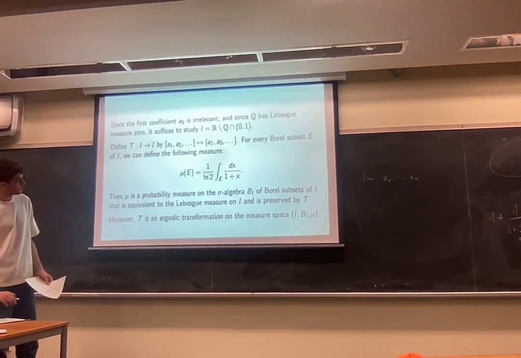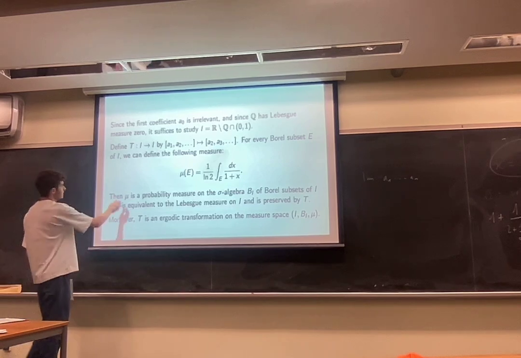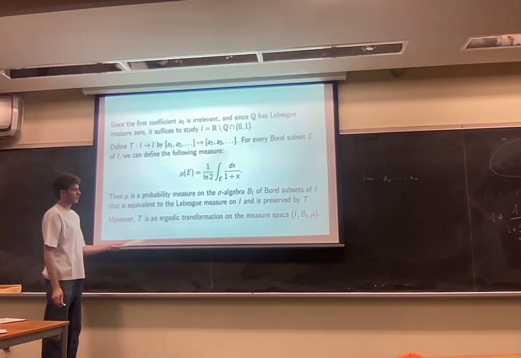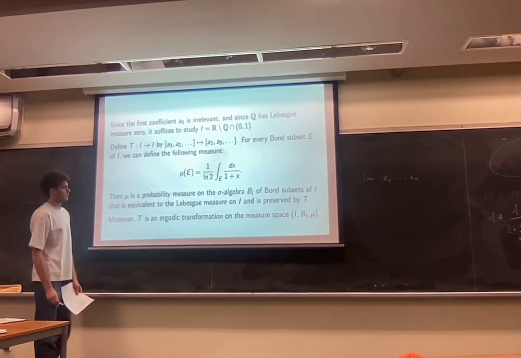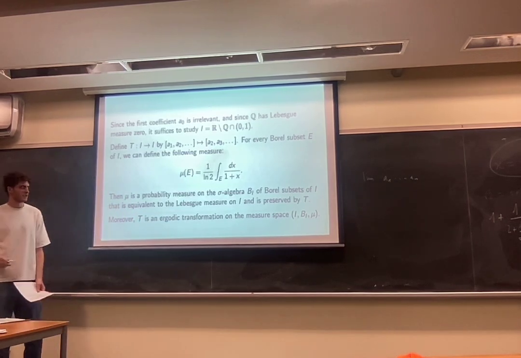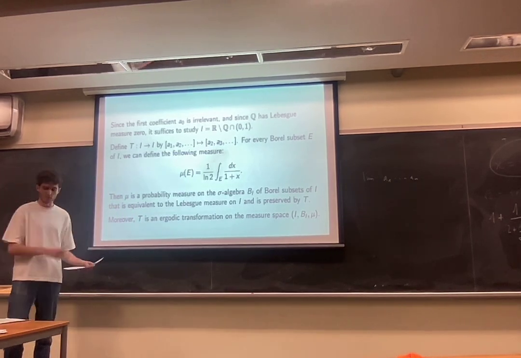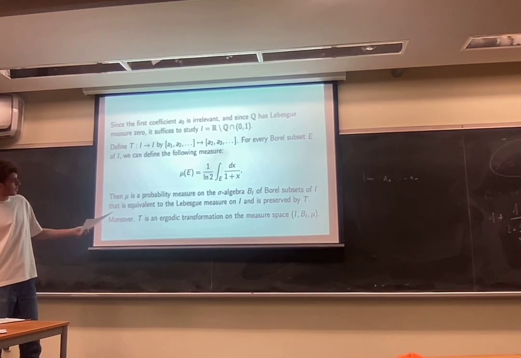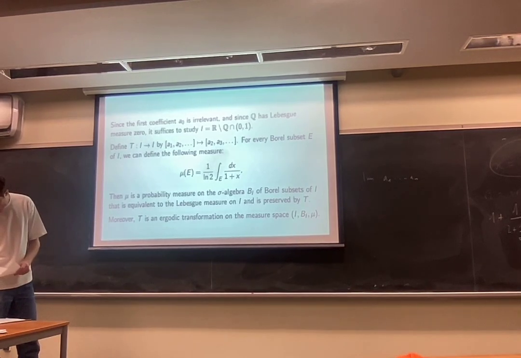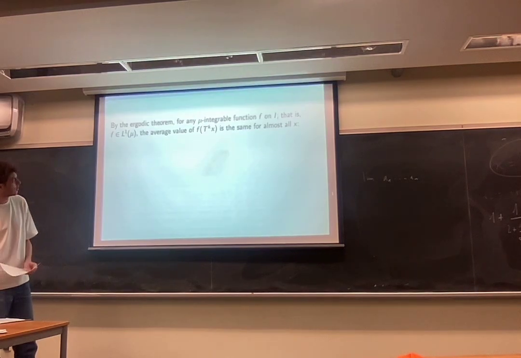And I guess the hard part of the proof, which I will skip over, is that this map T is what is called an ergodic transformation on your measure space. So you can Google what ergodic transformation means. I'm not going to explain or prove it, but you just have to believe me on this. Now, because T is an ergodic transformation on this measure space, we can apply something called the ergodic theorem.